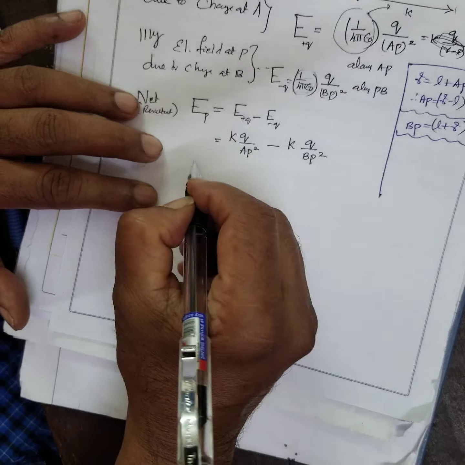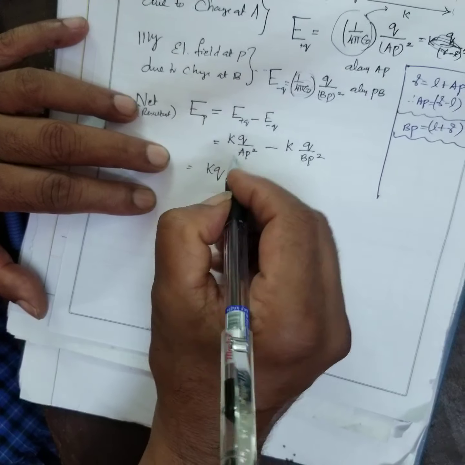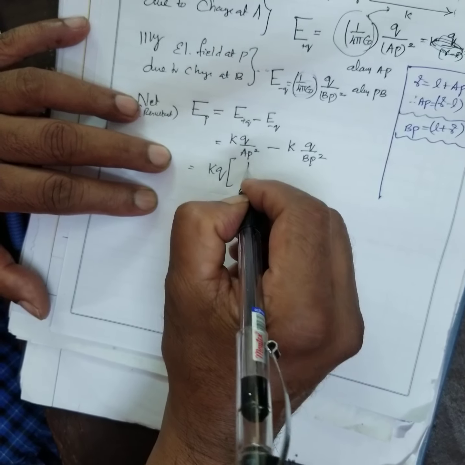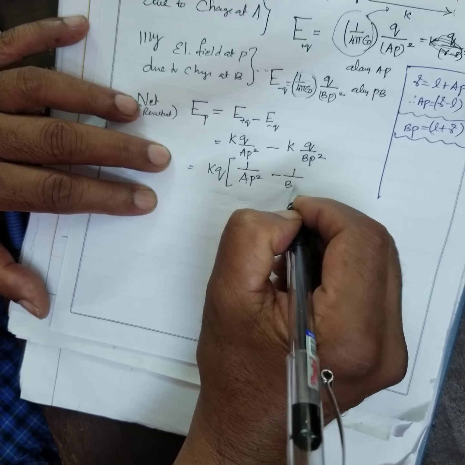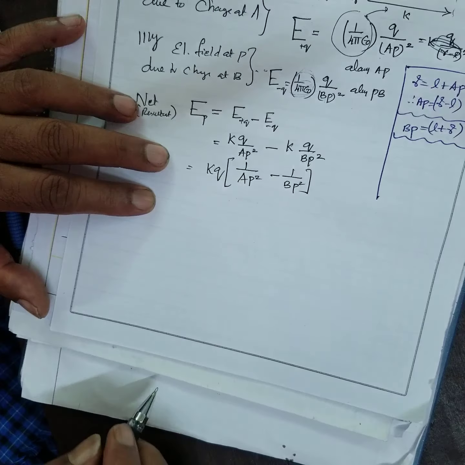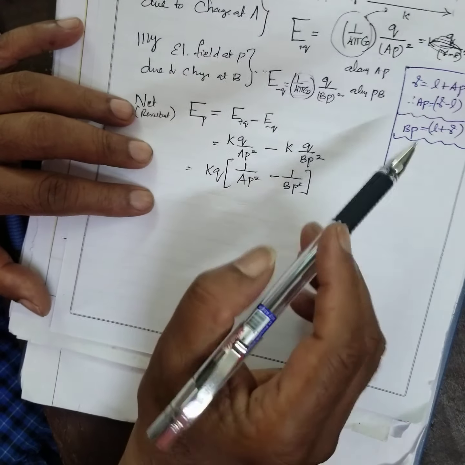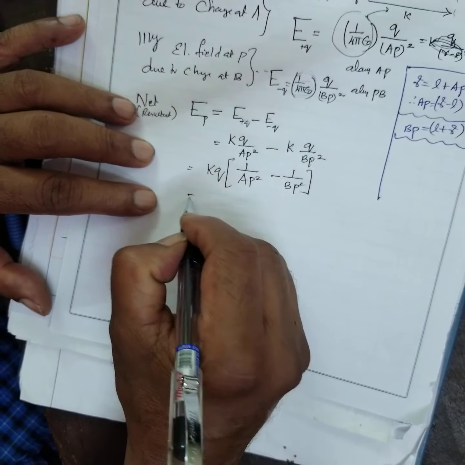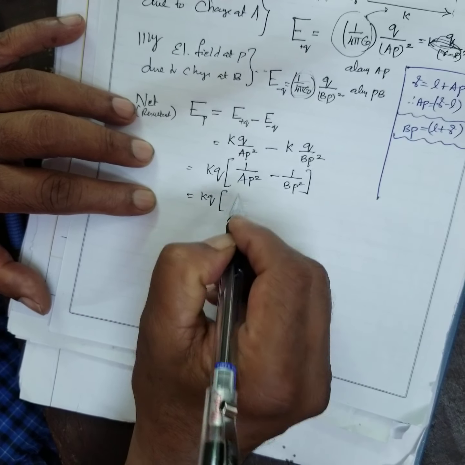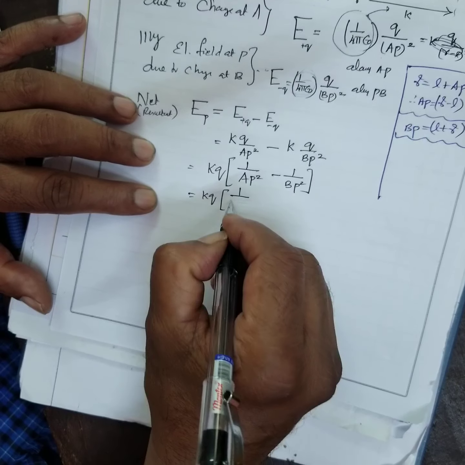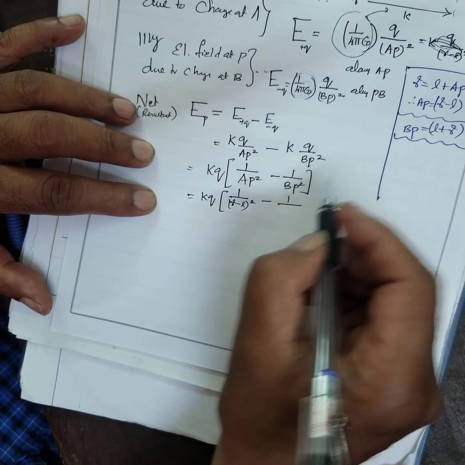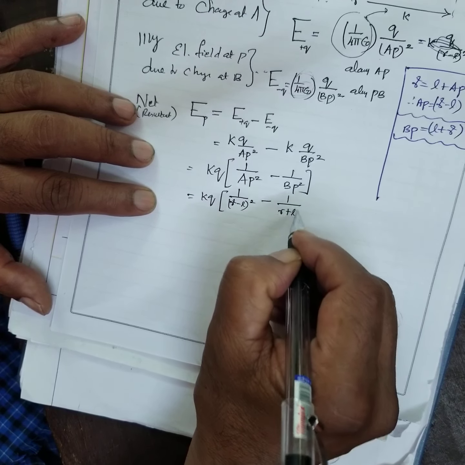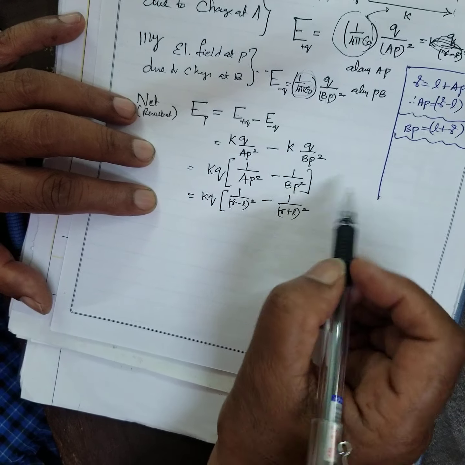Now, I will be taking KQ outside the bracket, 1 by AP square minus 1 by BP square. Now, hereafter it is mathematics. What is AP square? That is K Q, 1 by (R minus L) the whole square minus 1 by (R plus L) the whole square.